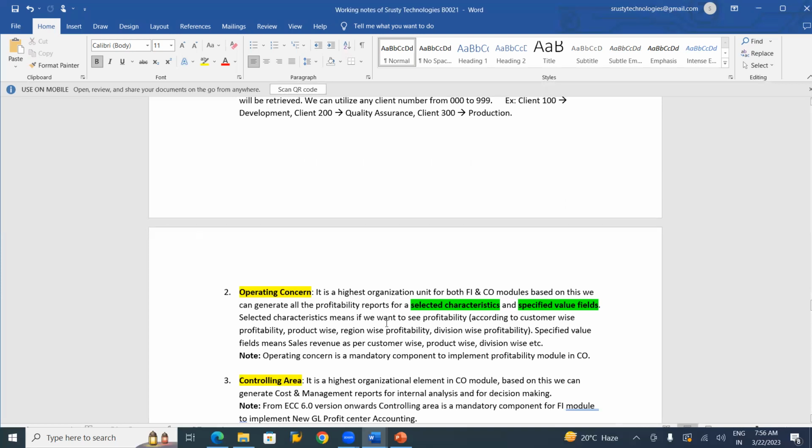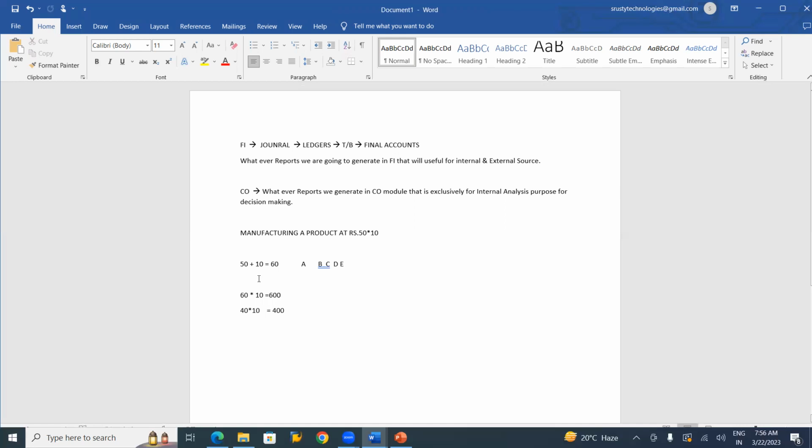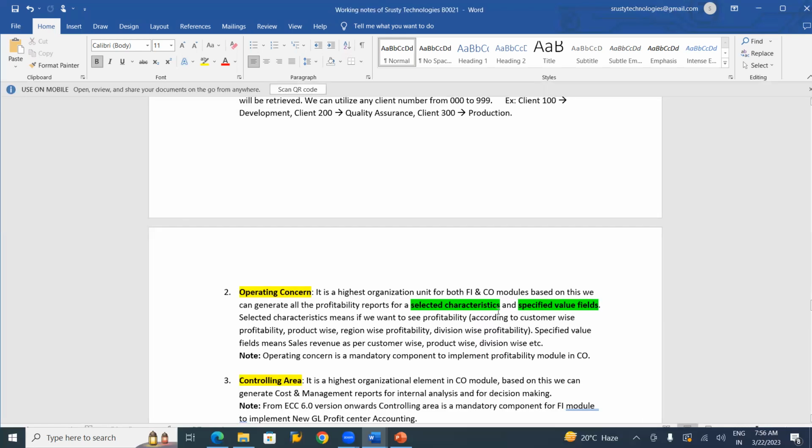Selected characteristics means if we want to see the profitability according to customer wise, means only the profit, what is the profit in this? We have a 10 rupees profit from each customer. How much profit we have generated, not the loss, only the profit we want to check from each customer, each product, each region, each branch, that is each division. That is considered as selected characteristics, right?